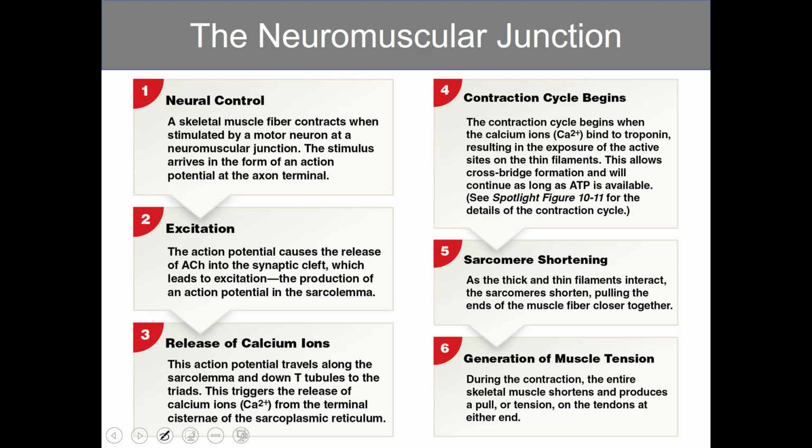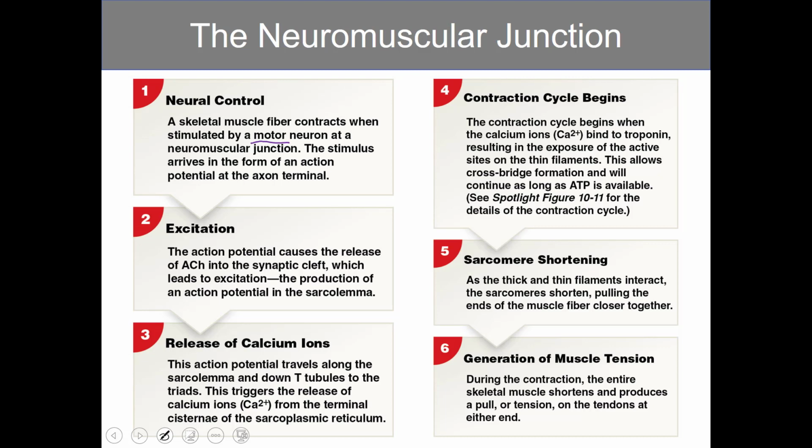If we were to try to summarize all this activity, step one would be neural control. A skeletal muscle fiber contracts only when stimulated by a neuron. We call them motor neurons since they control skeletal muscle fibers, or skeletal muscles. This occurs at the neuromuscular junction.